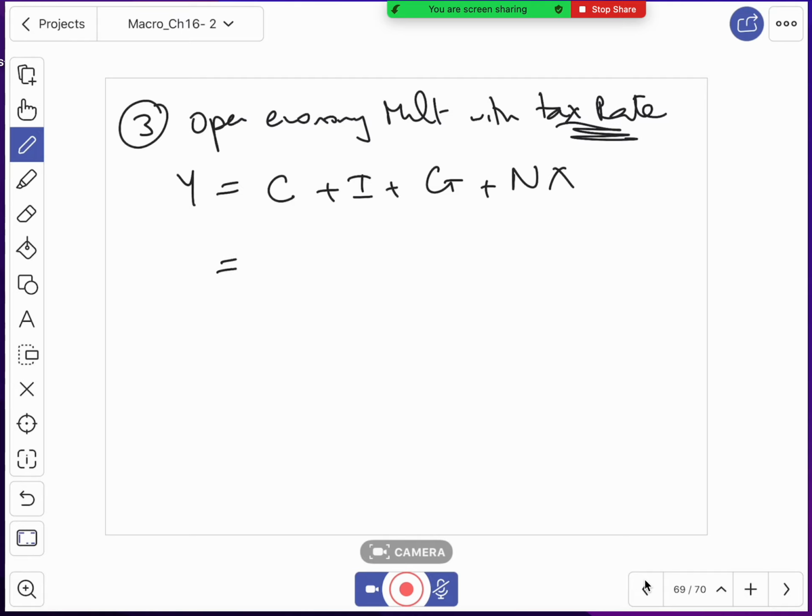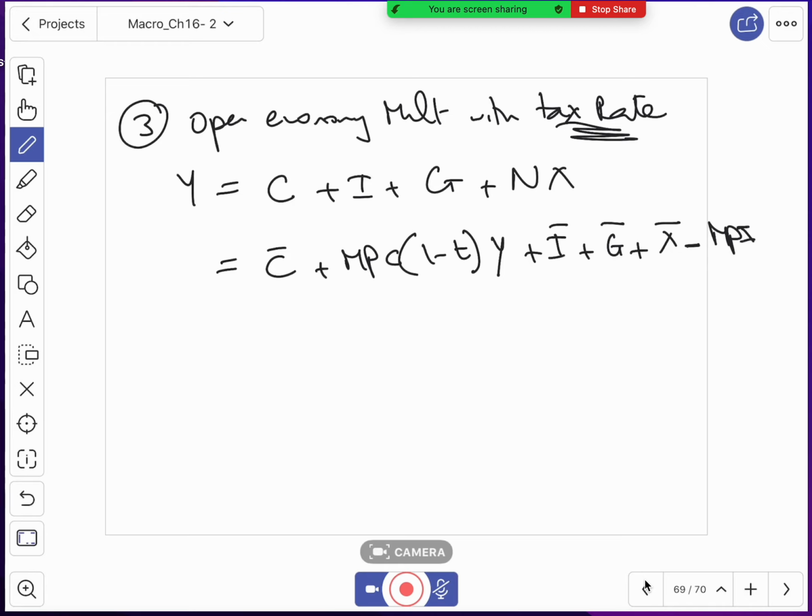So this one would be C bar plus MPC times (1 minus T) times Y, plus the I bar, plus G bar, plus the X bar minus MPI times Y. This is the imports.